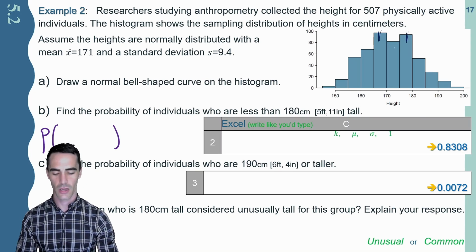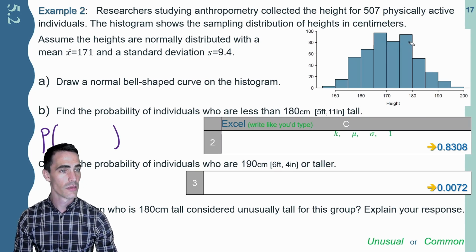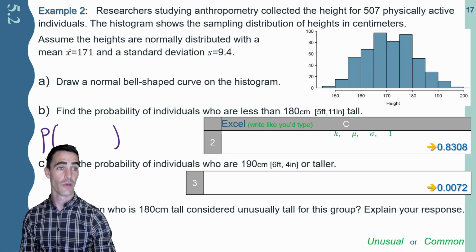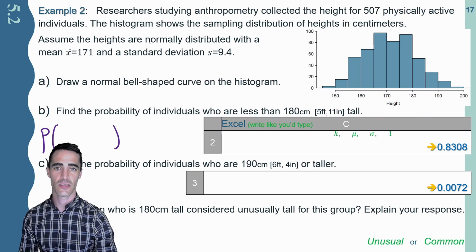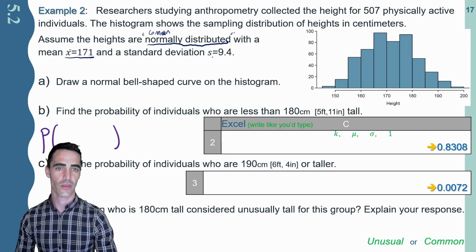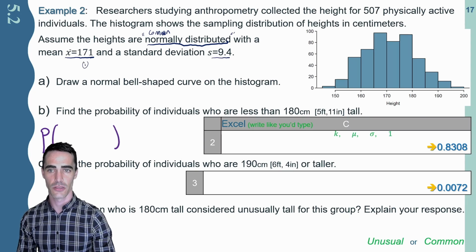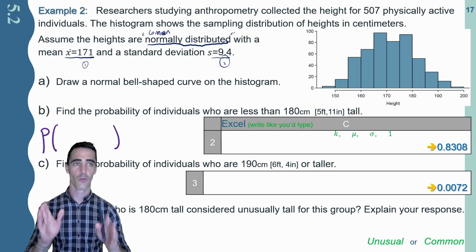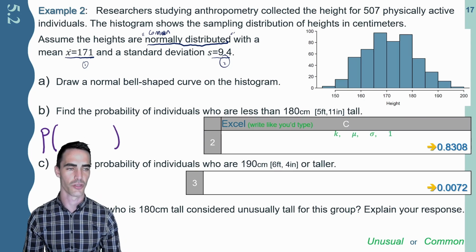It has two large peaks, but maybe we can smudge those over and call it normal. In fact, we have a very friendly phrase here. Assume the heights are normally distributed, woohoo, very fancy, with a mean of 171 and a standard deviation of S. Again, those are the two ingredients that we're always looking for. In this, they're telling us outright, don't even worry about it. This is approximately normally distributed.